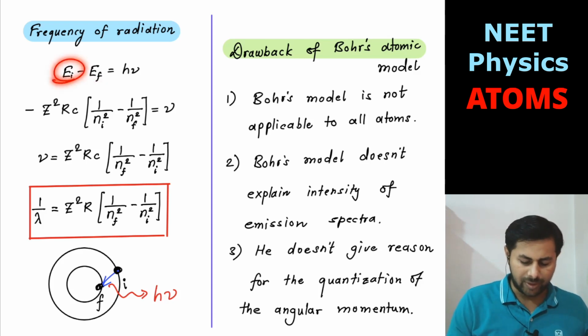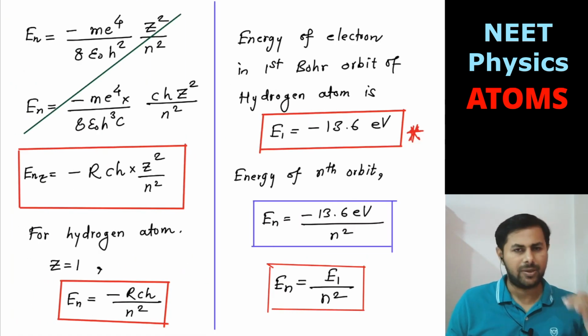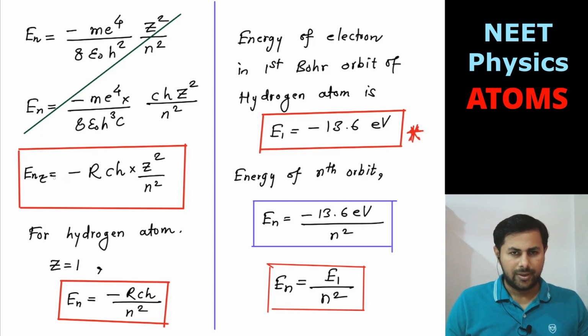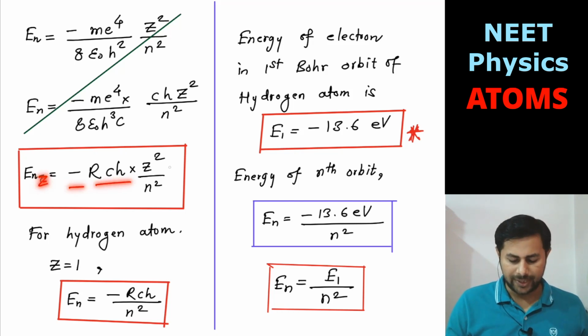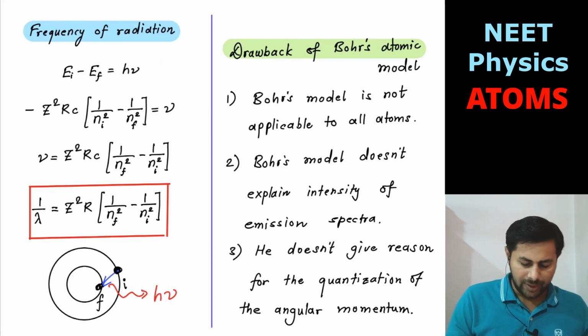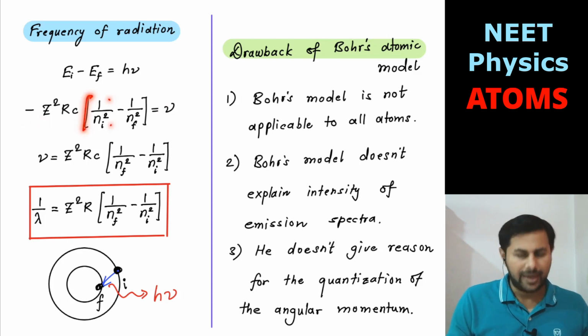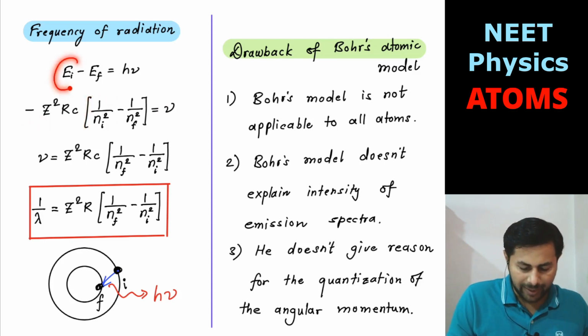Then we can make use of the formula that the energy of the nth orbit of an electron in an alkali atom having atomic number Z is minus RCH Z square by n square. Using that, what do you get? H will be here also, so that H and H on this side get cancelled out, so you get minus Z square RC times 1 by Ni square.